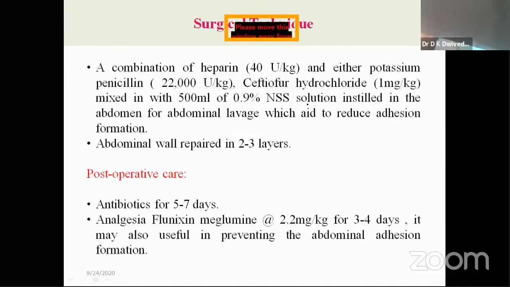Now, lastly, you have to go for the abdominal wall closure. You have to close the abdominal incision in 2 or 3 layers.